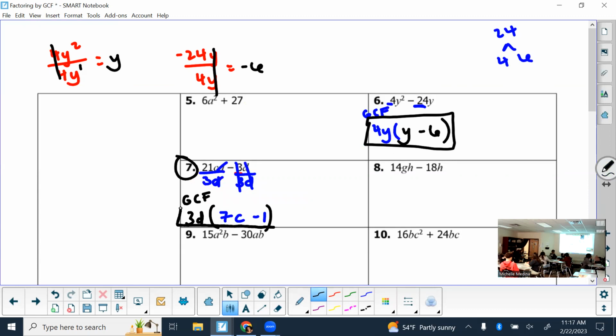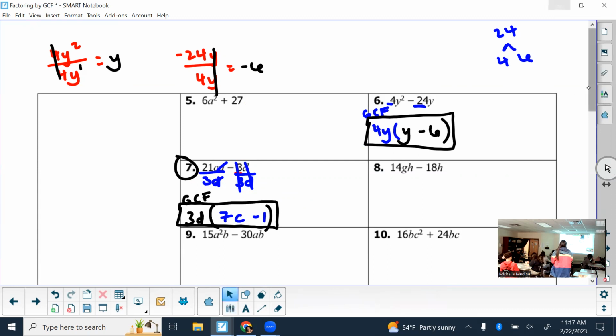Even if you don't check every answer by distributing, you should at least check it mentally. Is 3D times 7C 21CD? Is 3D times negative 1 negative 3D? That should be the original problem if you did it right. So, questions?